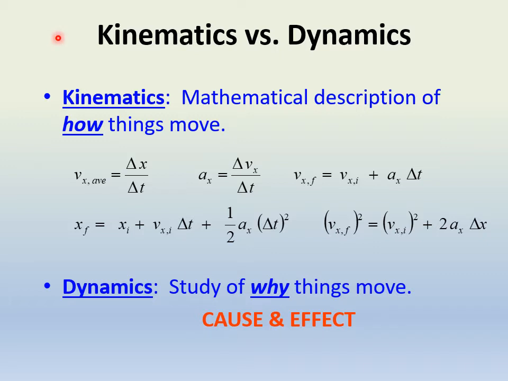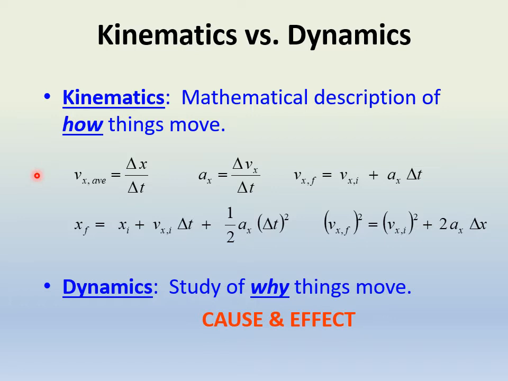So this is an important milestone in our course here. We're changing gears here. We're going from the study of kinematics to something called dynamics. In kinematics, remember the definition of kinematics is a mathematical description of how things move. So in the previous several chapters, you learned a bunch of mathematical formulas and equations that describe motion.